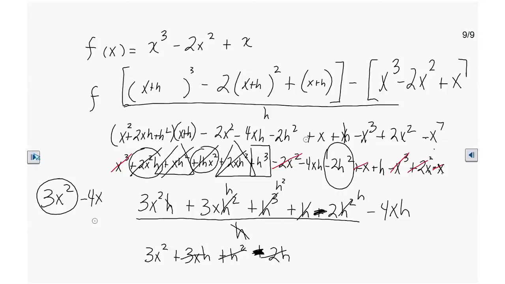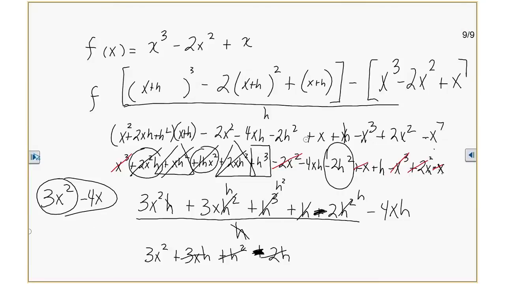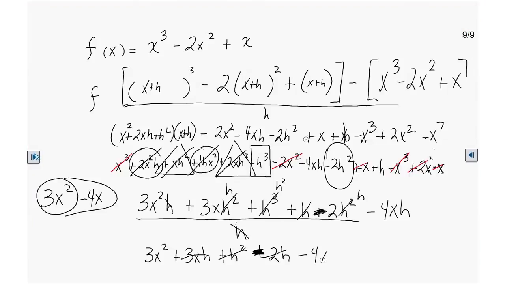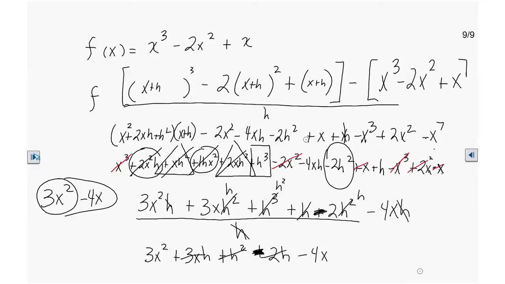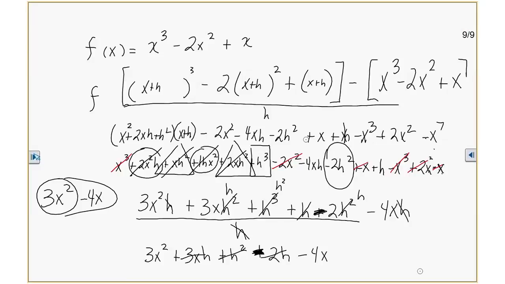There we go, thank you. Minus 4x. Because the h will go out with this. Thank you. Now, let's see. It's supposed to be a 1 somewhere. In fact, right here. Okay, that is a 1 right there. Plus 1 there.